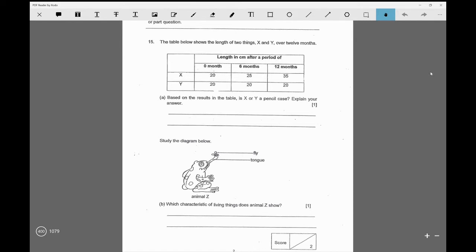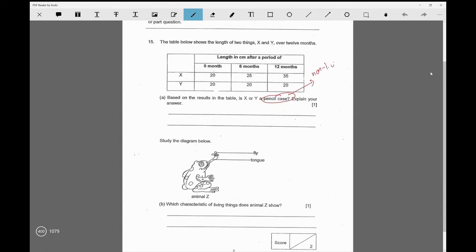Okay, let's start at question 15. Question 15 is showing you two things, X and Y. You do not know if they are living or non-living. They are measured over a period of 6 months in terms of their length, whether or not they have grown. They are asking which one is a pencil case. Now, a pencil case is definitely a non-living thing.